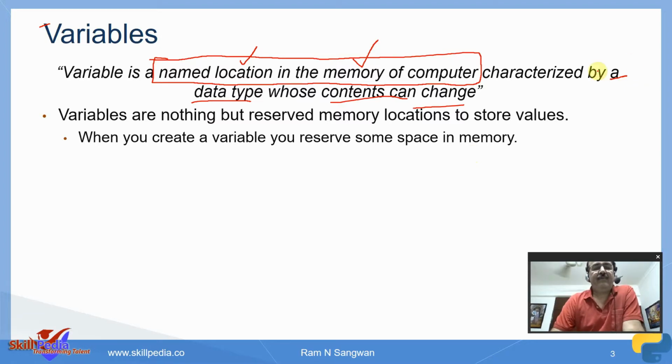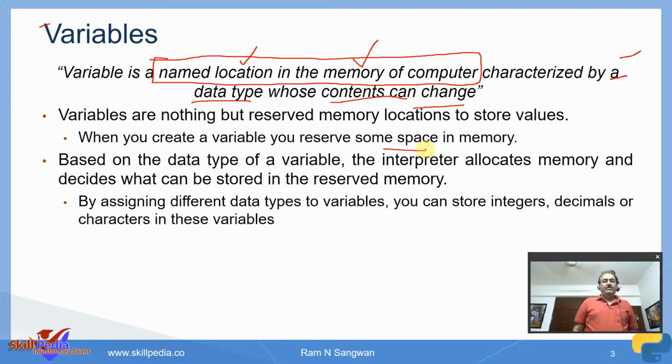So when you create a variable, you reserve some space in memory. Based on the data type of a variable, the interpreter allocates memory. Means they are characterized by a data type. Remember that, very important. And it decides what can be stored in the reserved memory.